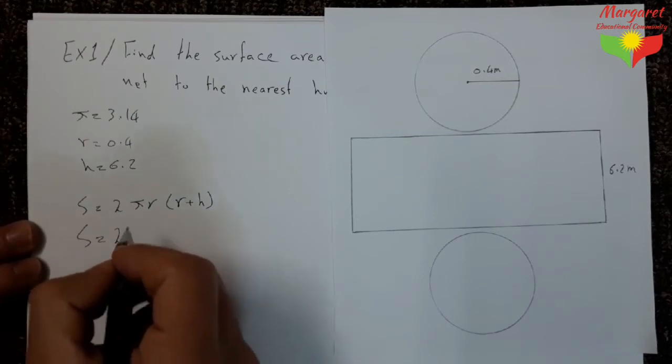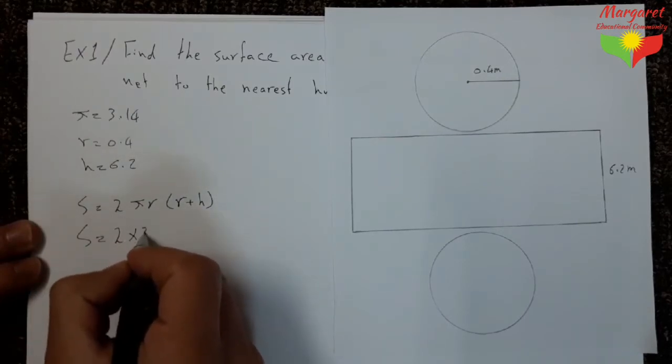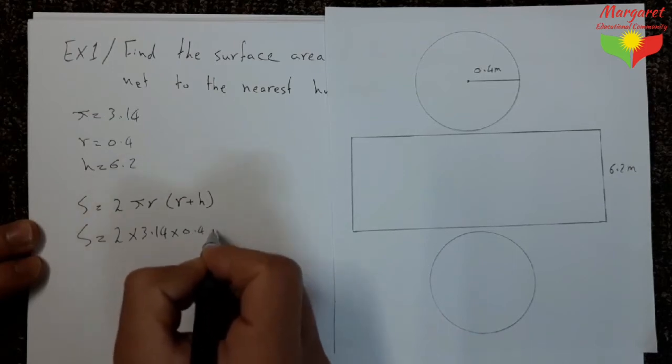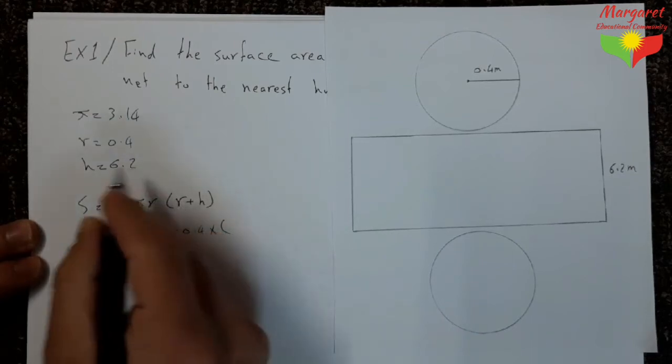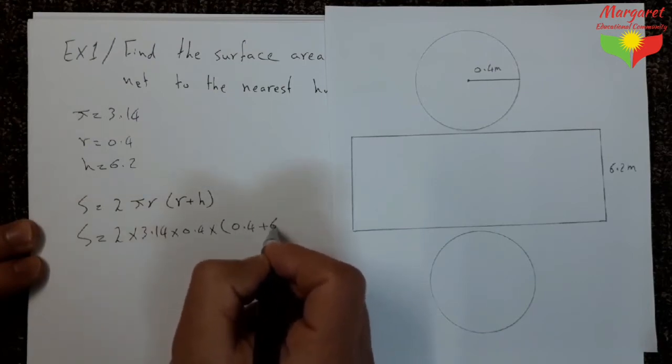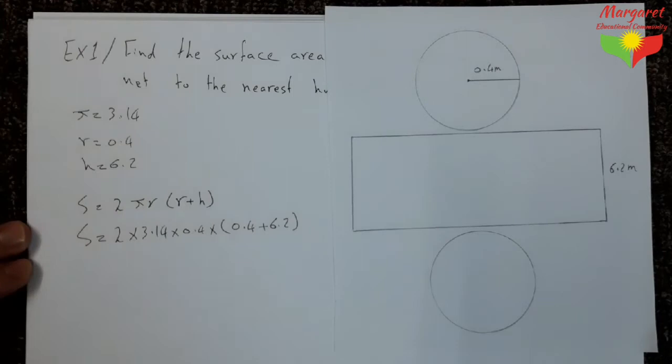So S equal to 2 times 3.14 times 0.4 times 0.4 plus 6.2.